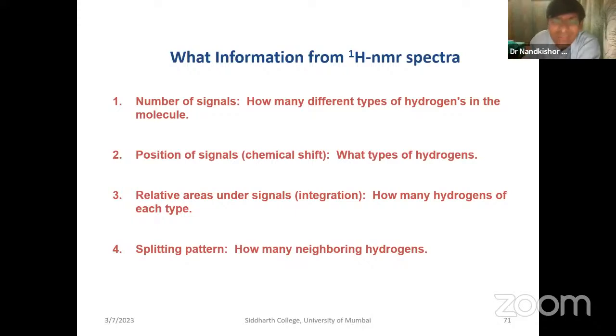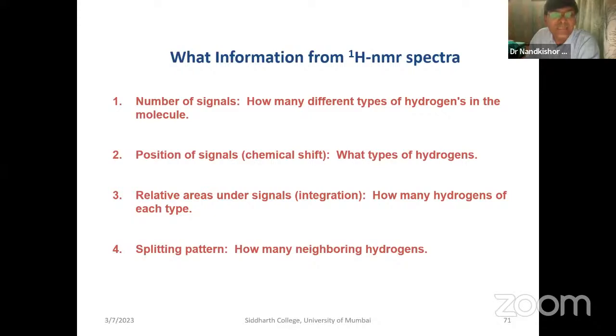Wherever there is a hydrogen atom in a different group, that type of different group gives you a signal in the NMR spectrum. If you have 5 signals in the spectrum, that means 5 different types of hydrogens are present in the molecule. That clear information you get in terms of the number of signals.